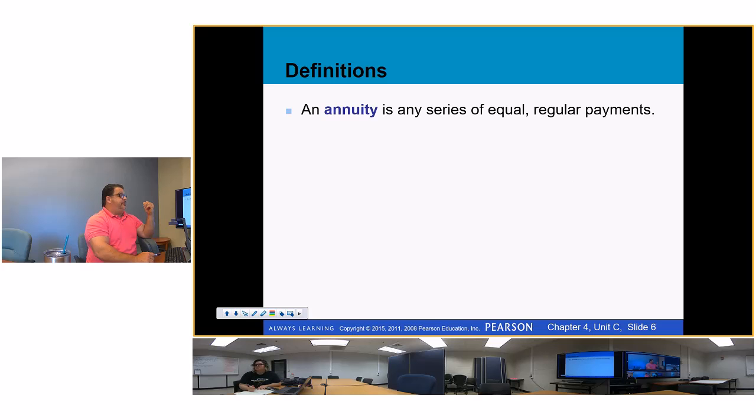Those are annuities. Now, the apartment is not an annuity because you're not owning it. You're just renting it. Now, if you had a condo, that's different. A condo is something that you can actually own. That's the difference between an apartment and a condo, I think.